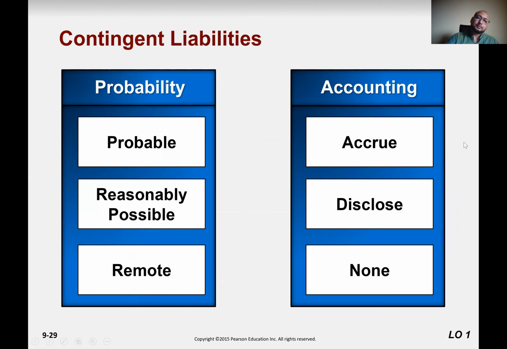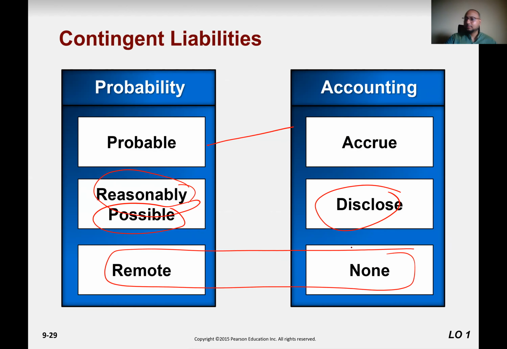So how are we going to record it? If the probability chances are high, we record it. If it is reasonably possible that we may lose or may not lose, then we just disclose it in the notes of the balance sheet. If chances are remote, then we ignore that one.